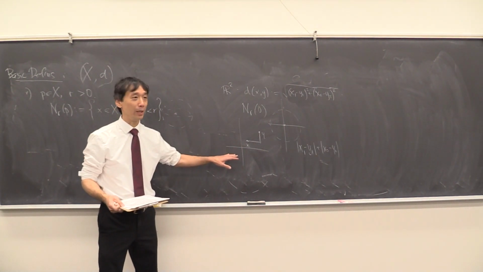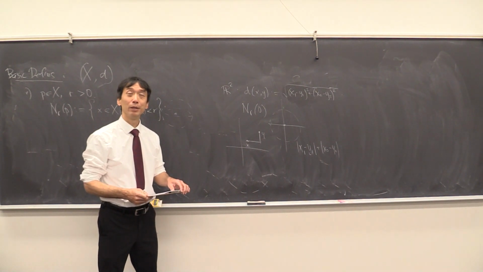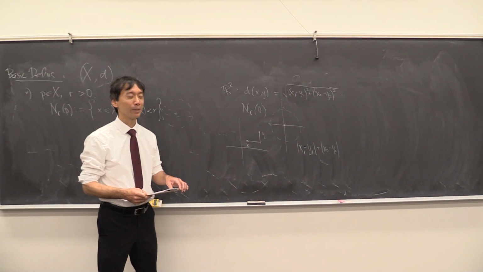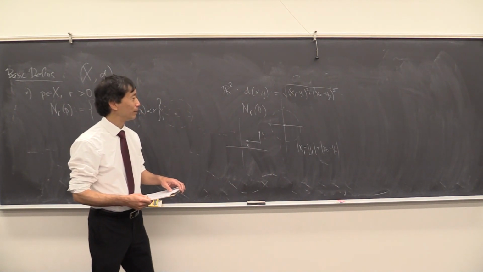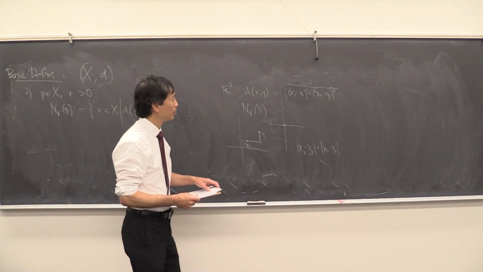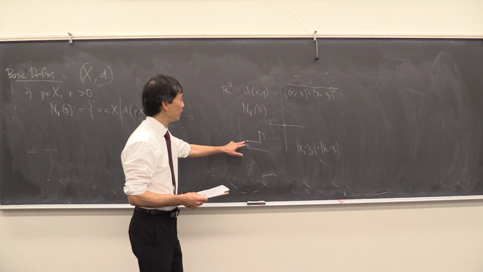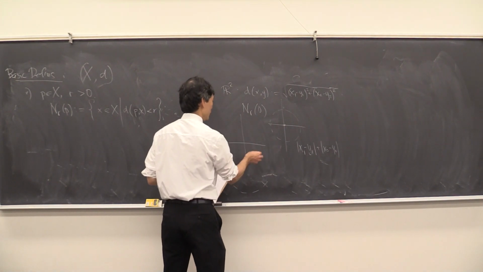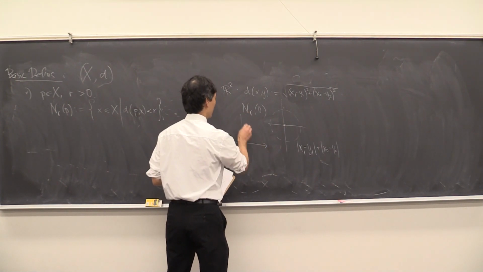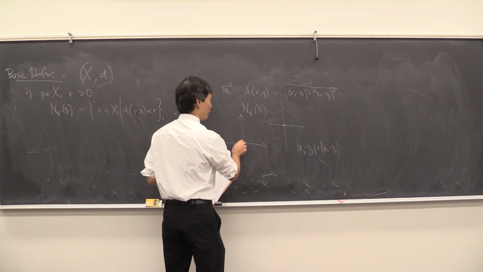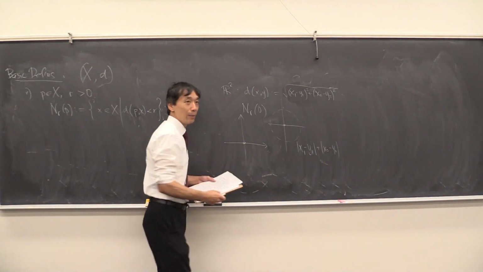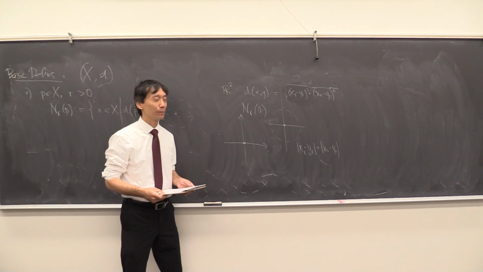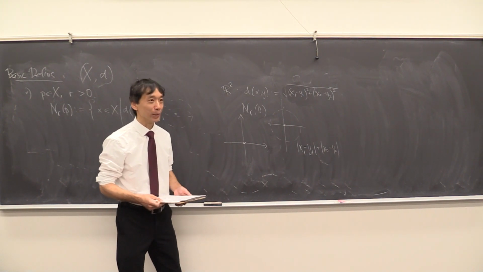What would the unit neighborhood around the origin look like? What are all the points that are distance 1? Here's the origin. What points would be distance 1 from the origin? Can you name any points? Just shout out some points.